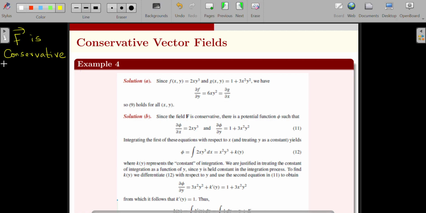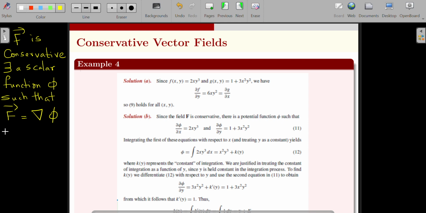By definition, there exists a scalar function phi such that F is nothing but the gradient of this scalar function. This is the definition of a conservative vector field. So there exists a scalar function phi satisfying the property that the vector field F is equal to the gradient of phi.